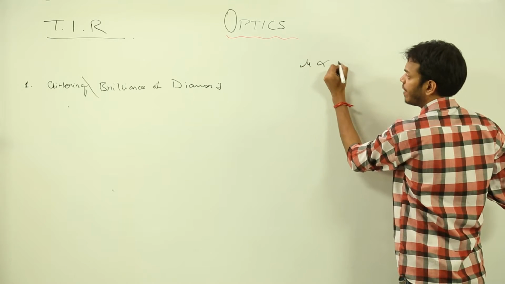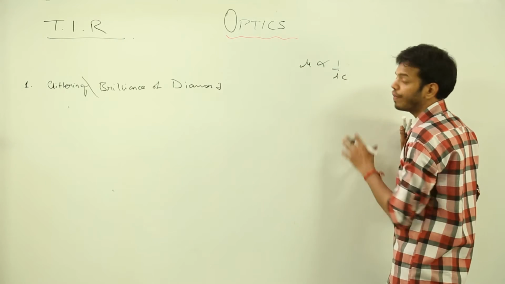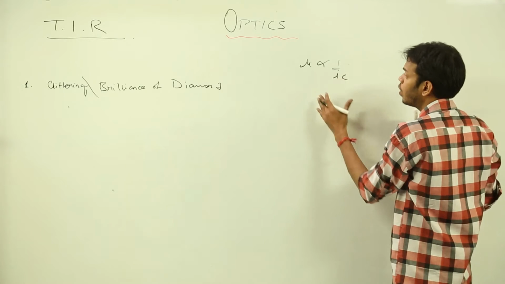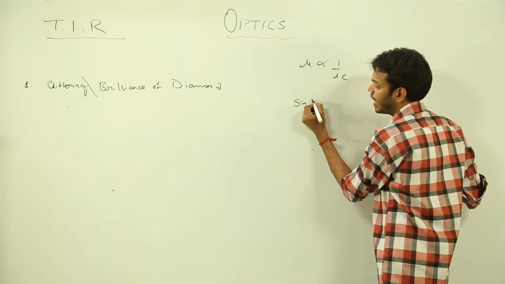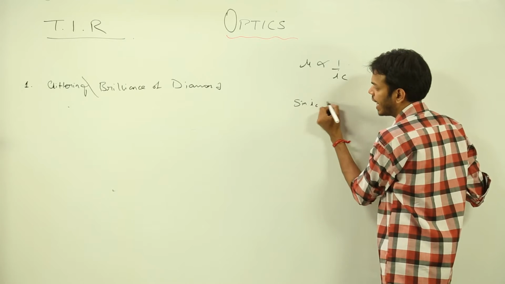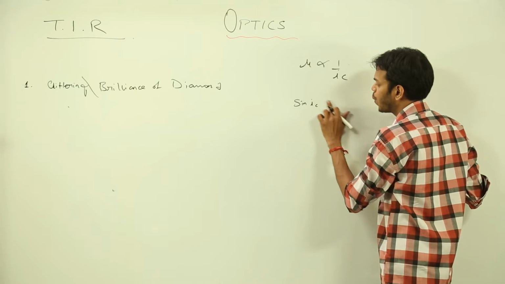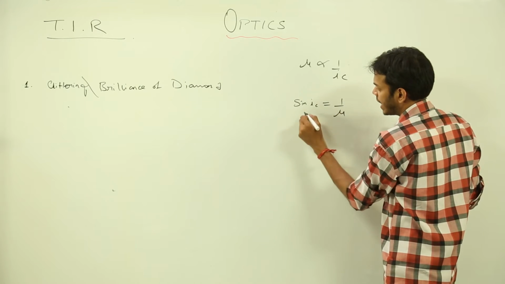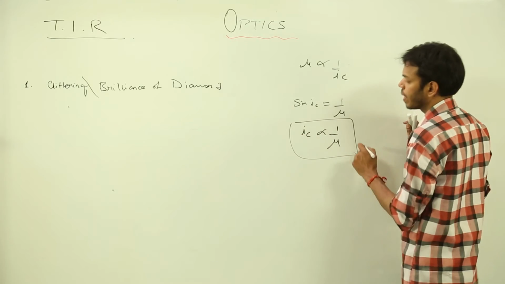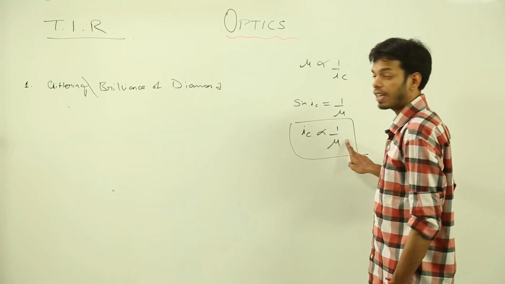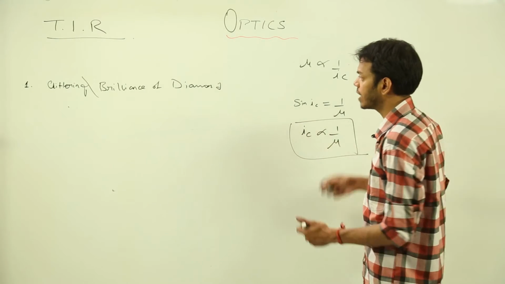This thing, refractive index is inversely proportional to critical angle. Did we study this? Yes, actually we studied this relation, sin ic, which is the critical angle, is equal to 1 upon mu, and that makes the critical angle inversely proportional to refractive index. Okay, that means the higher the refractive index, the lower will be the critical angle, and vice versa.